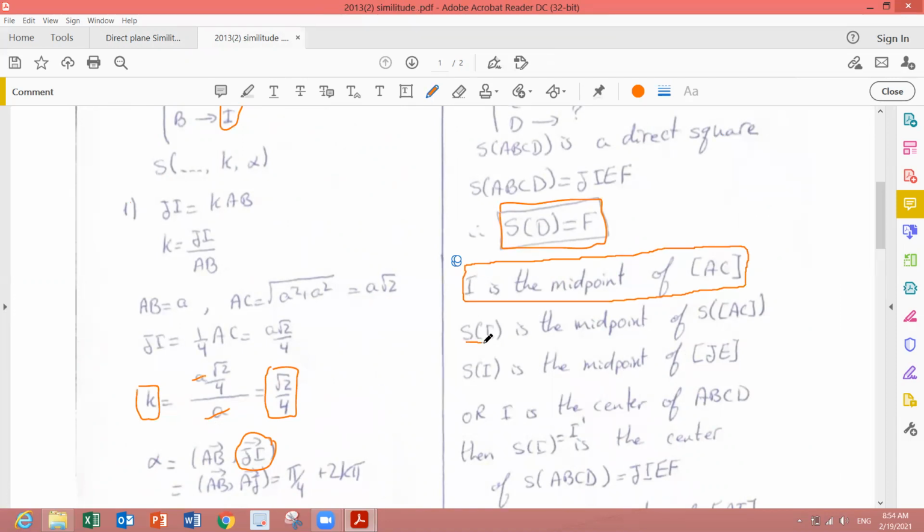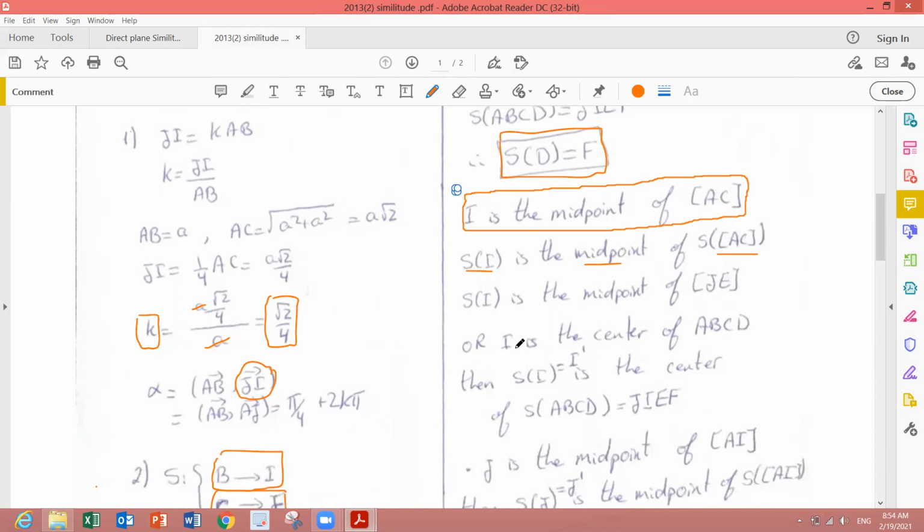So S of I is the midpoint of S of AC. The image of A is J, the image of C is E, so S of I is the midpoint of JE.